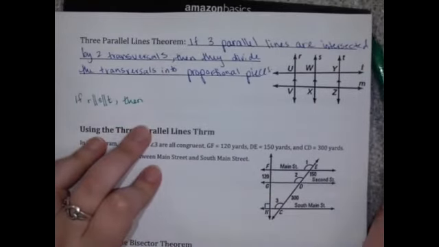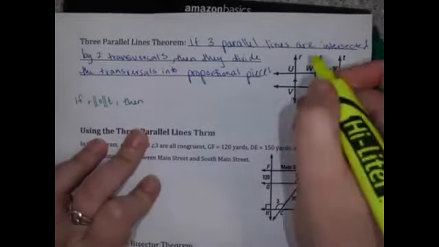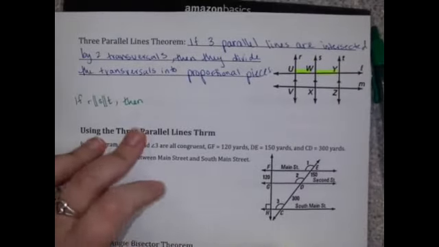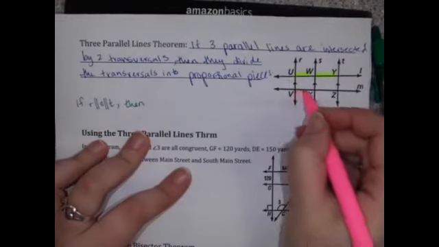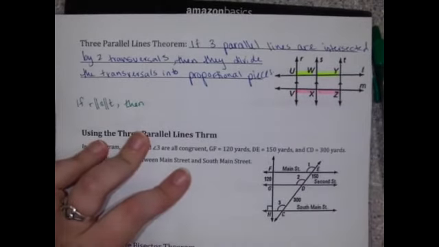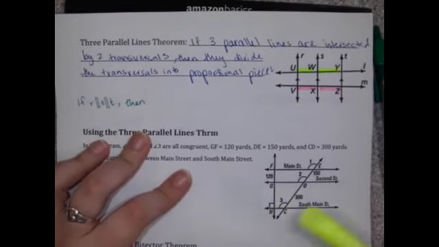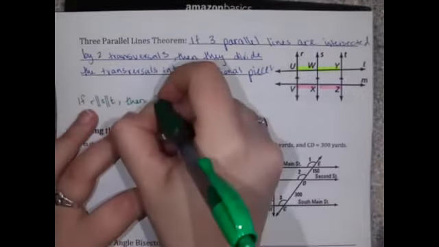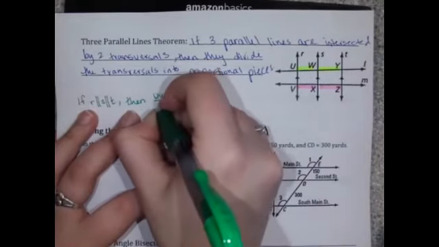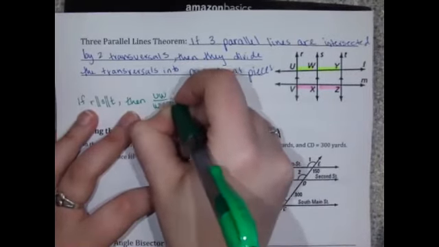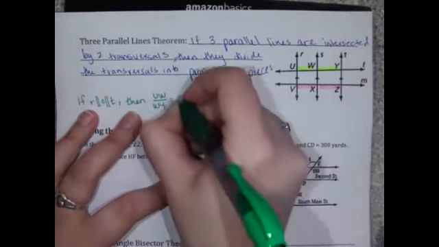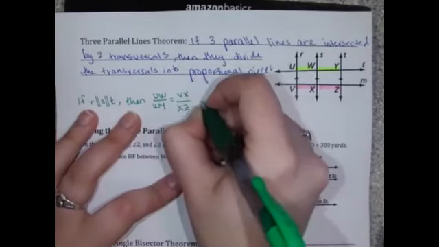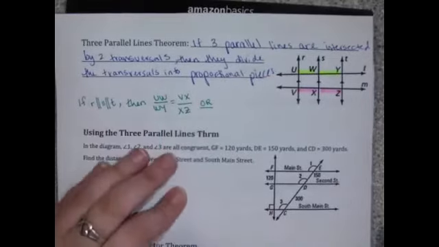One thing you can talk about is how these sections compare to these sections, because you're dividing this into pieces. UW over WY would equal VX over XZ.